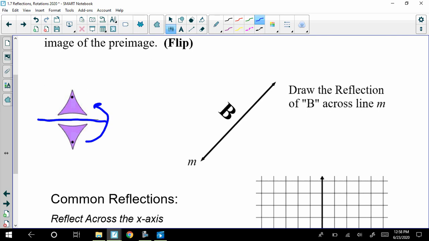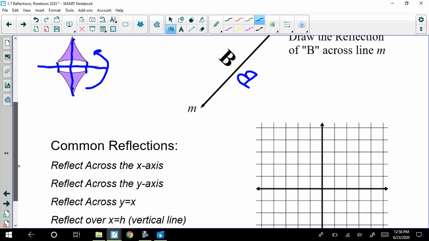We're the same distance away. Each point is the same distance away from that line, and that's how a reflection works. If I'm drawing this B, I'm just drawing it backwards. We flip it over, reflecting it in the opposite direction, as we know with our cameras.